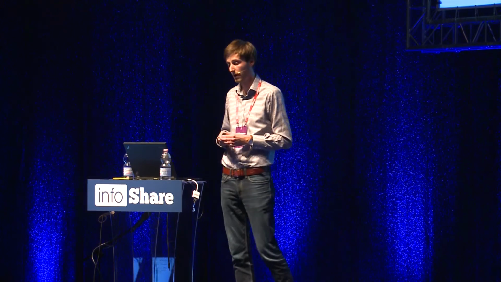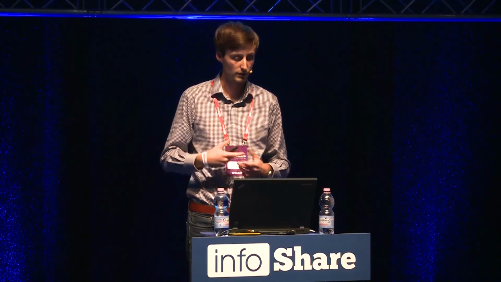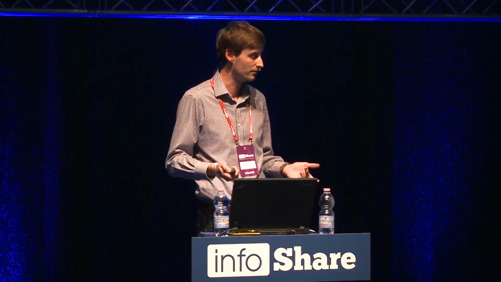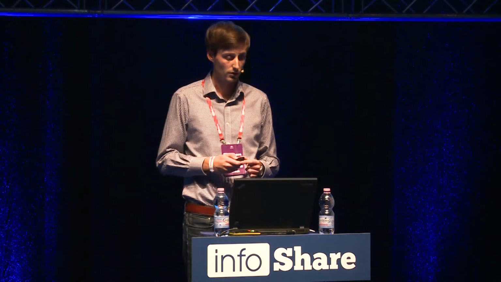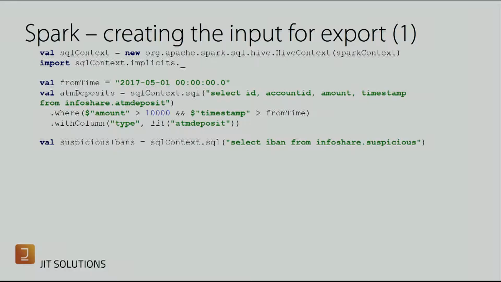So if you make big deposits of cash, it might be a little suspicious to the bank. If you do so, you may receive a call from the bank in order to explain that. And this is a case which we would like to report to our external system, for example, that our analysts in the bank are using. So once we retrieve those records with the deposit amount larger than 10K, we're also going to hard code an extra column called type and put a value of ATM deposit there.